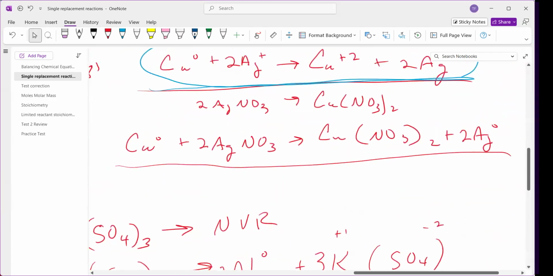What you do with a reaction like this is you find the metal. Copper. Is copper above or below silver? Above. So this reaction happens. That means copper wants to be oxidized. So what happens is it jumps over here and is oxidized.